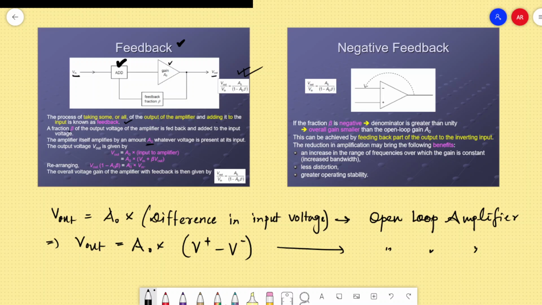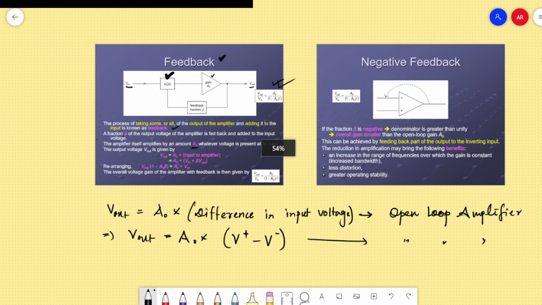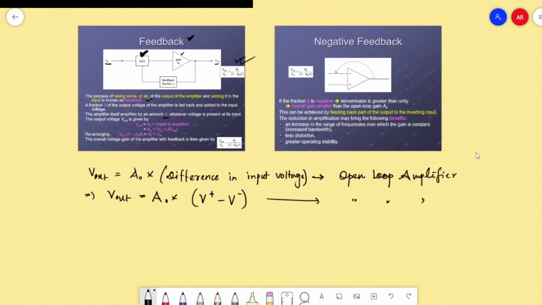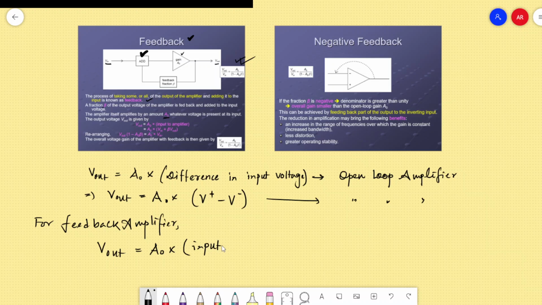And right here it is not open loop, rather the voltage is fed back to the input. So for the feedback amplifier, the output voltage is A naught times the total input to the amplifier.